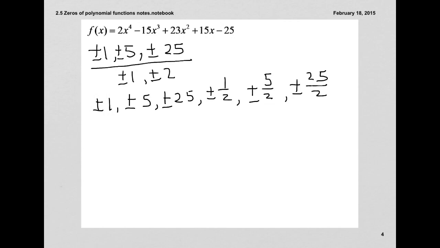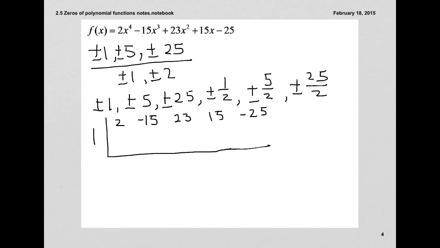Well, let's go ahead and start out with 1. It seems to be an easy one to start with. 1's my first divisor, and I've got 2, negative 15, 23, 15, and negative 25. Okay, I bring down the 2. 1 times 2 is 2.